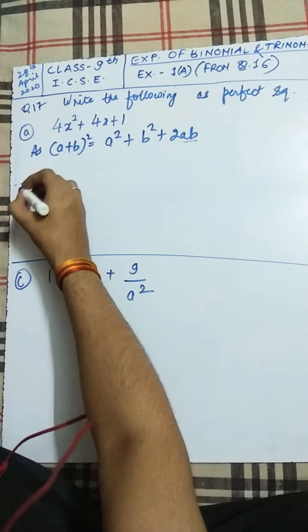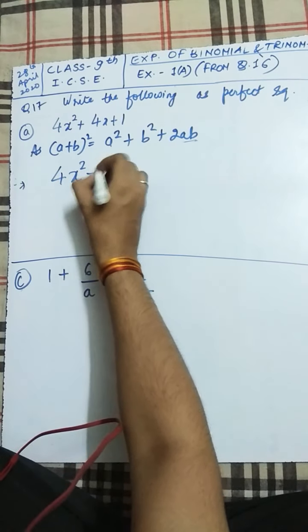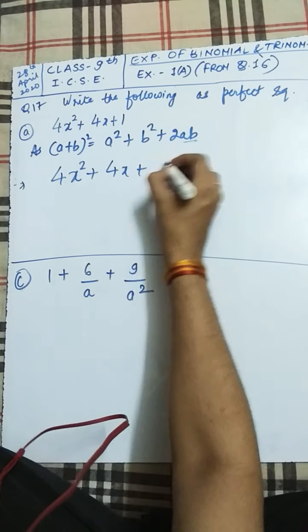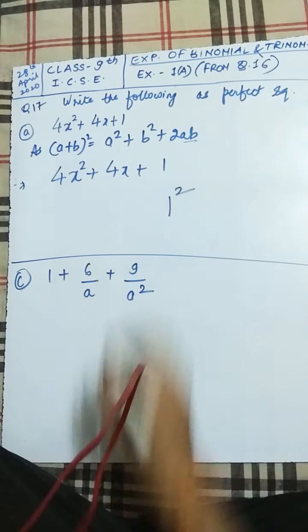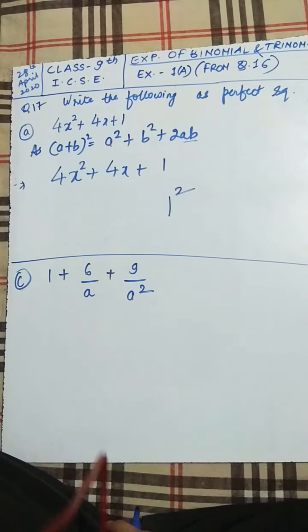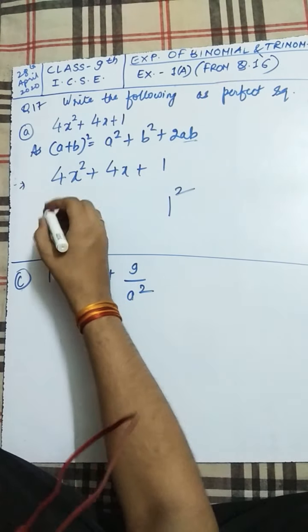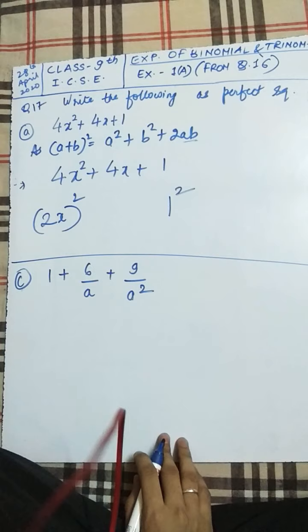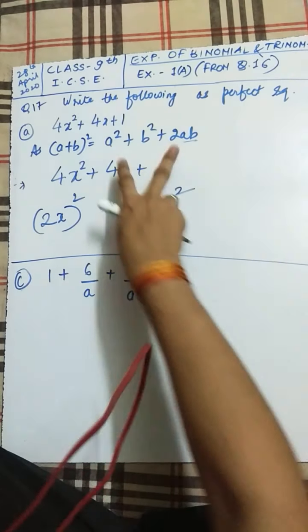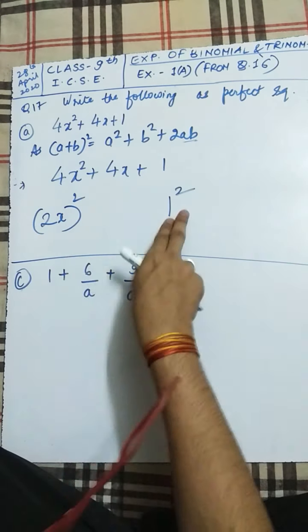As I can see, from this 4x square plus 4x plus 1, this 1 can be written as 1 square. Can we? Yes. This 4x square, can we write it as 2x the whole square? That means you got the a square and b square terms.